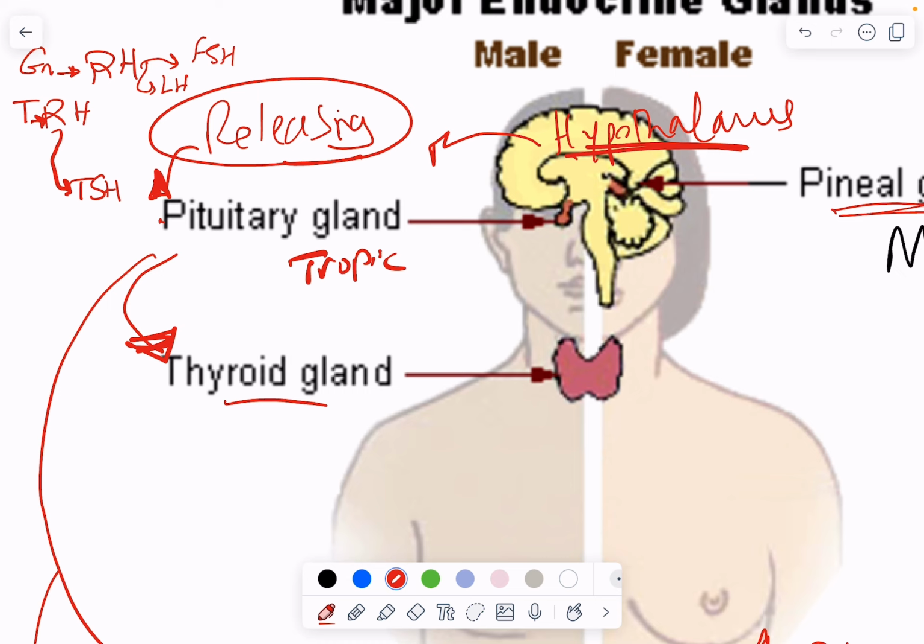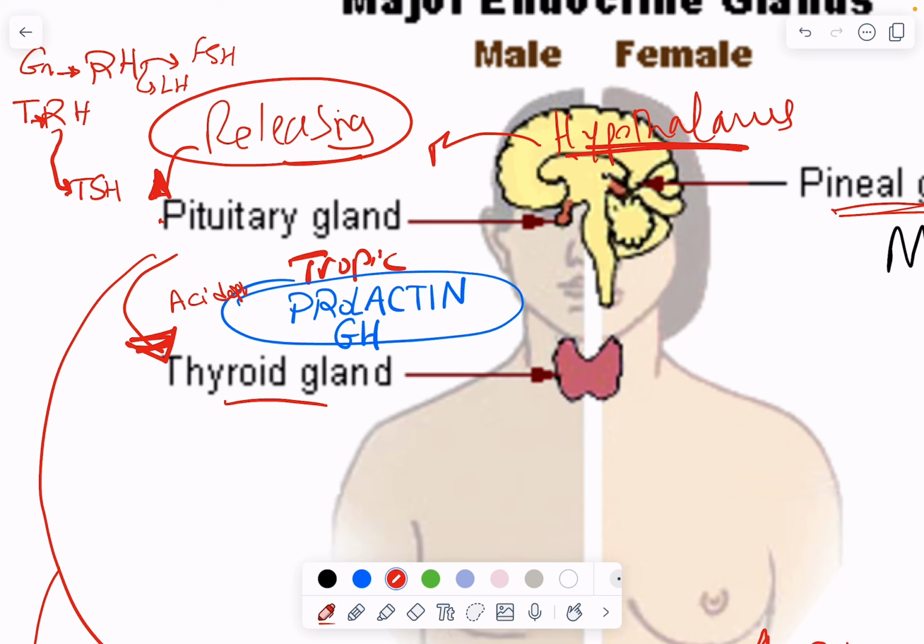However, the pituitary gland can produce two hormones that are considered directly acting on the end tissues. They're not stimulating any gland, they're stimulating the peripheral tissues, and that's two hormones called prolactin and growth hormone. Those act directly at the tissues, and those are produced from the same type of cell called the acidophil.